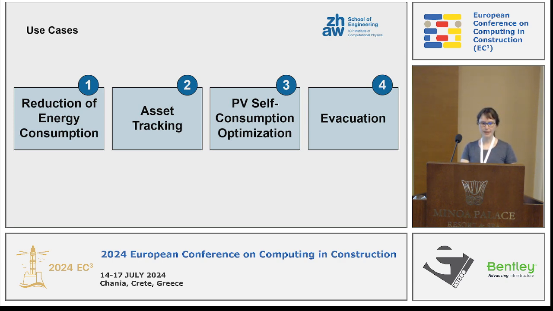The third use case is the optimization of the PV self-consumption, while taking into account weather forecasts and the storage capacity of batteries from electrical cars which are parked in the building's parking lot.